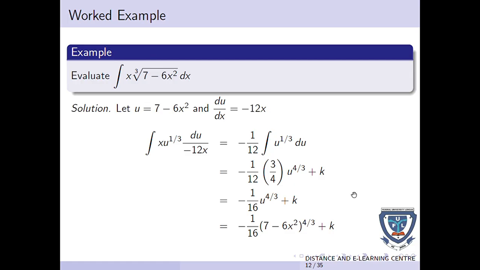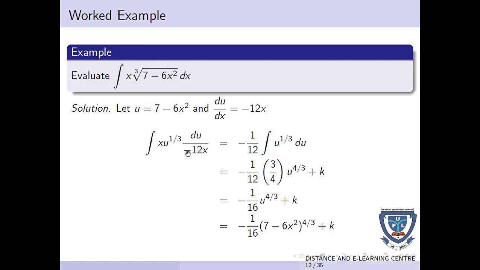The more familiar you are, the more you try to understand the different ways questions can be asked. Let's look at this example. We should evaluate the integral of x times the cube root of 7 minus 6x squared dx. Here, you're going to say let u be equal to 7 minus 6x squared and du dx is minus 12x.